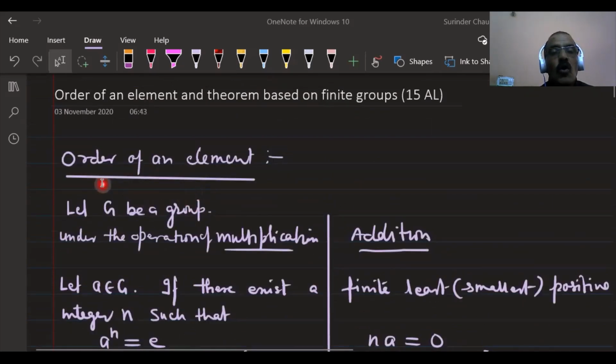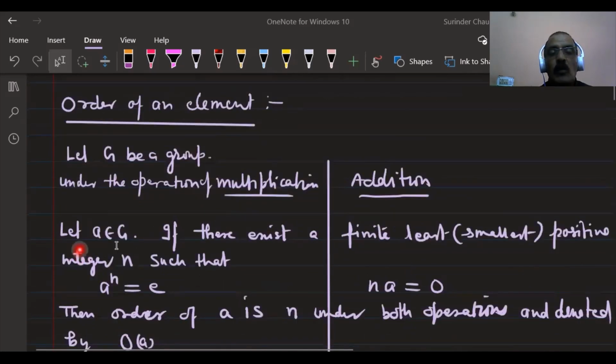So the order of an element a belongs to G: if there exists a finite least positive integer n such that a raised to n is equal to e, where n is the least positive integer, then the order of a is n under the binary operation of multiplication.